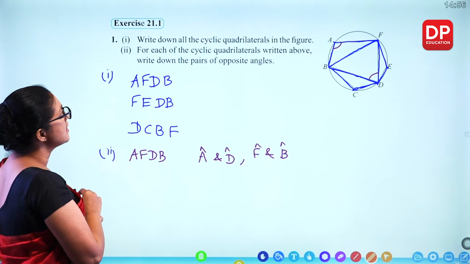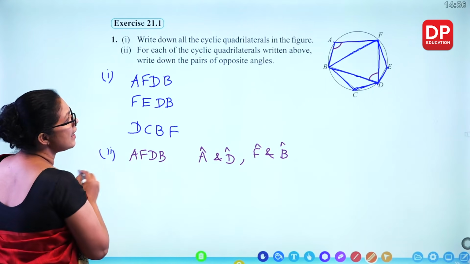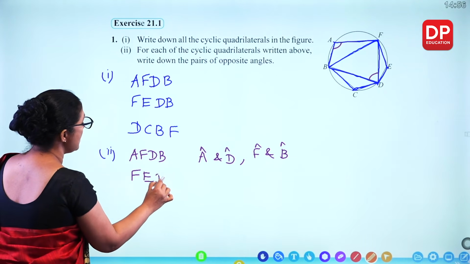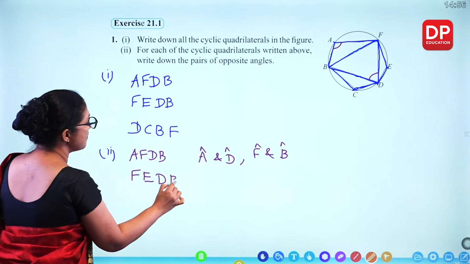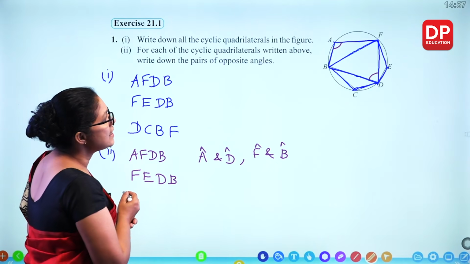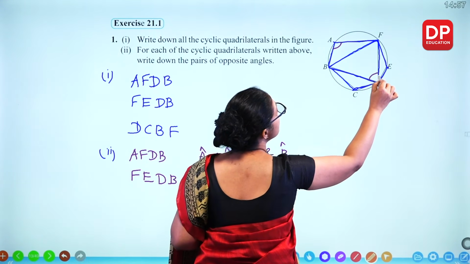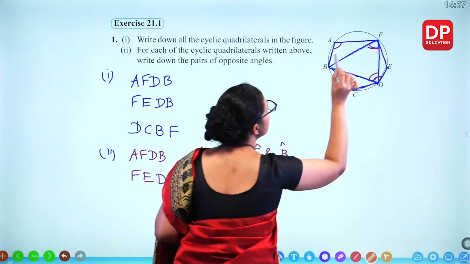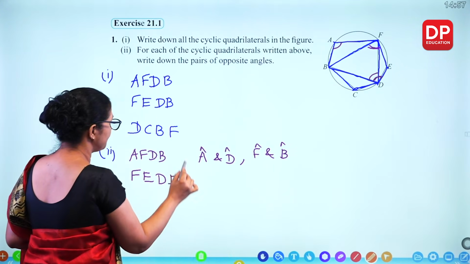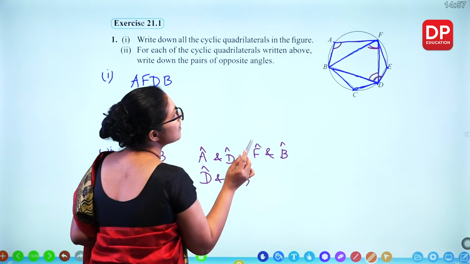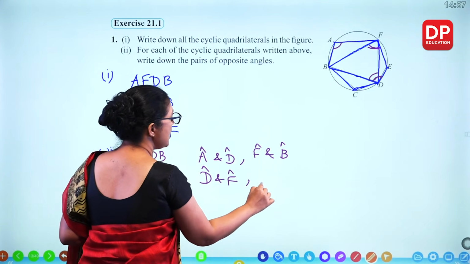Those are opposite angles. Again, the next one, FEDB: D angle with F angle. What's the other one? B with E.